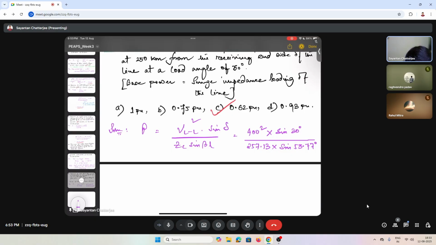So this is the value of P. Now this value of P is not in per unit. So if we refer P in per unit, then this value.